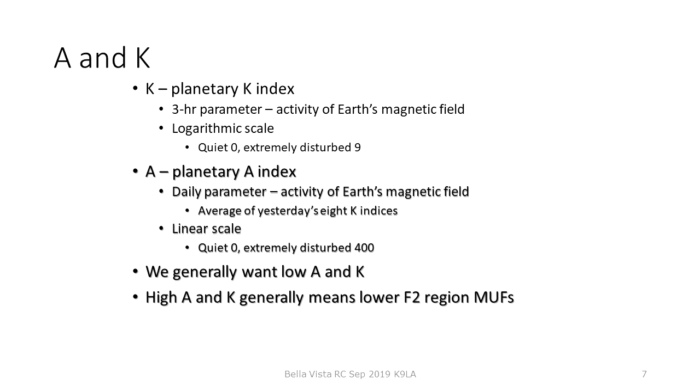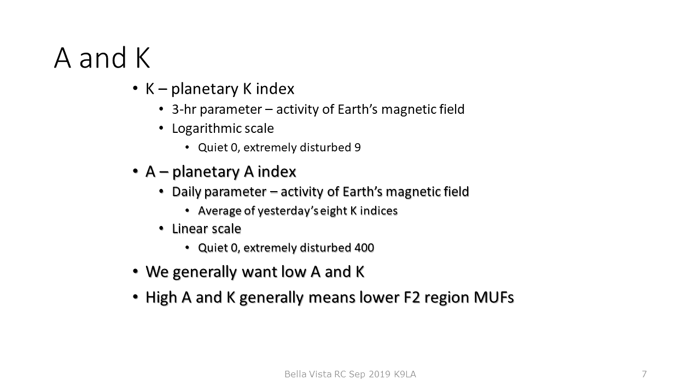It's a 3-hour parameter, and it measures how active the Earth's magnetic field is in that 3-hour period. Now, the 3-hour periods are 0000 UTC to 0300 UTC, then 300 to 600, etc. So there are 8 K indices throughout the day.